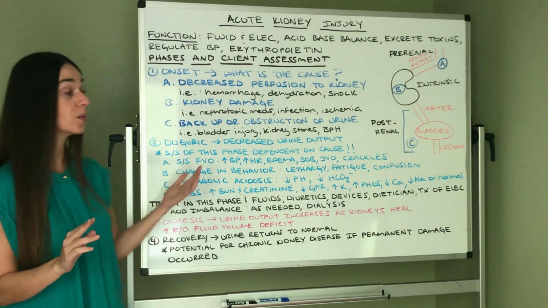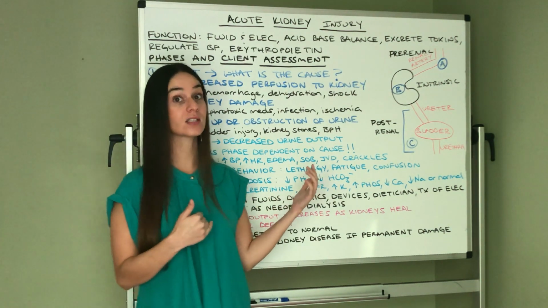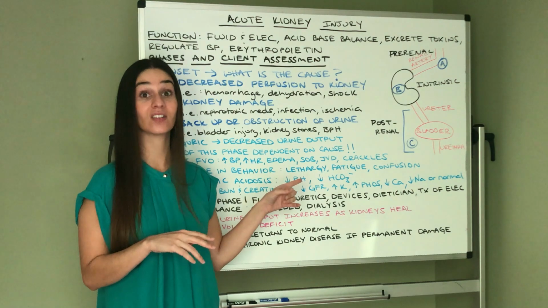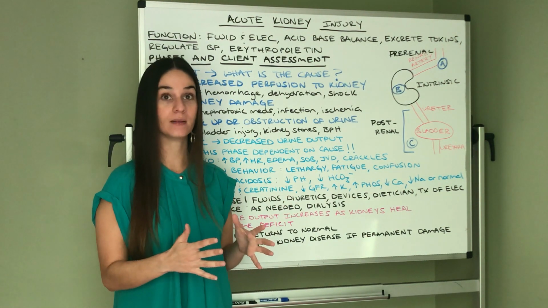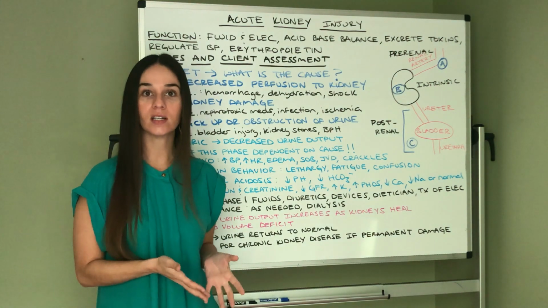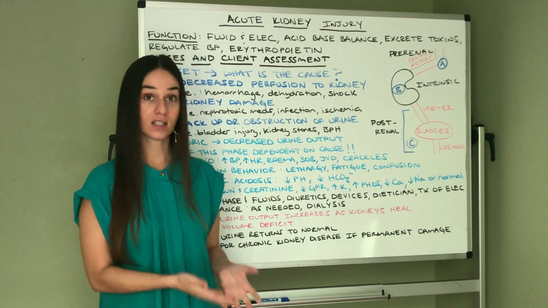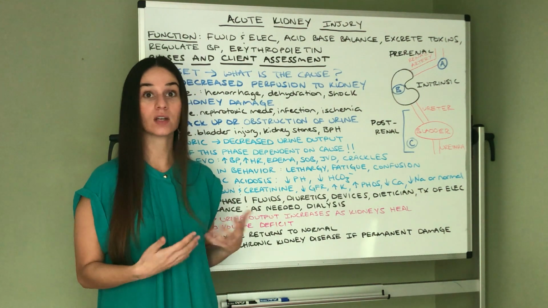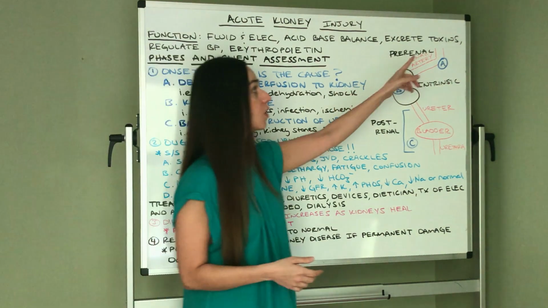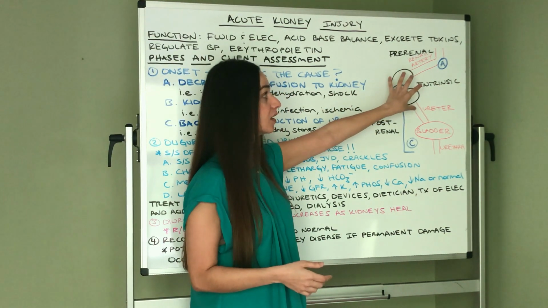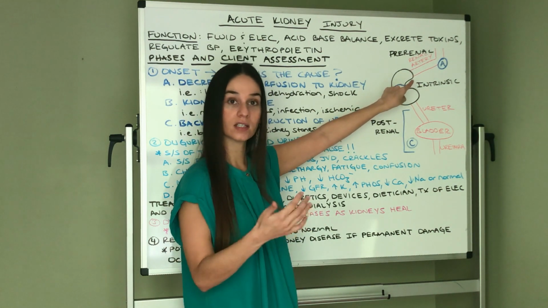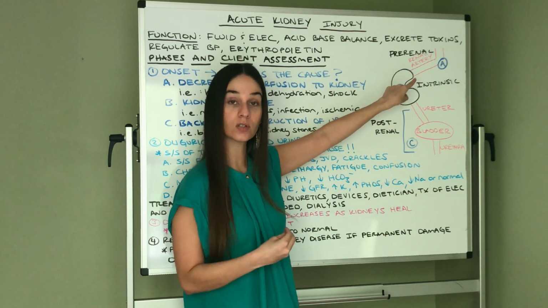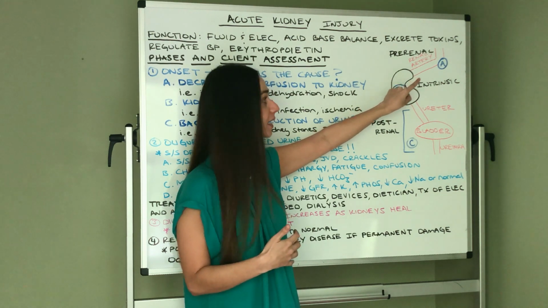So my drawing over here, which I worked really hard on, my students can attest that this is good for me. I want you to think about how the kidneys work, okay? So of course, every organ is perfused with an artery that gives it oxygenated blood so it can work, so it can function. So we got our renal artery that's perfusing our kidneys right here that the nephron filters and excretes toxins and reabsorbs nutrients or things that we want to keep in our body.